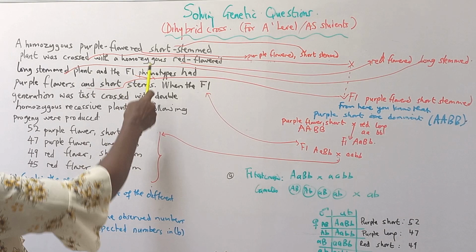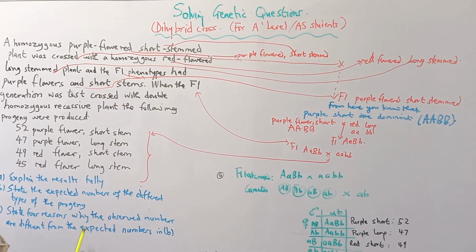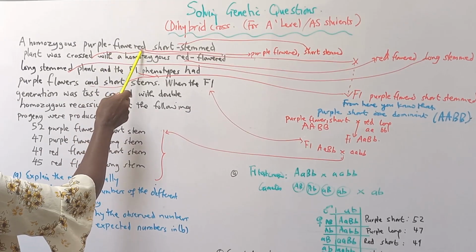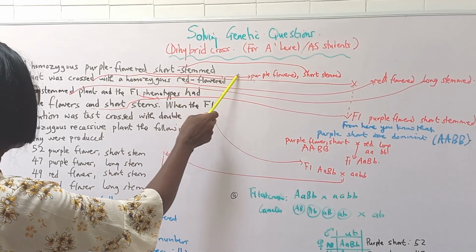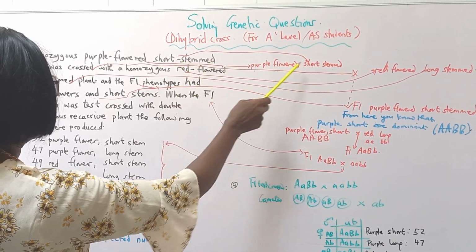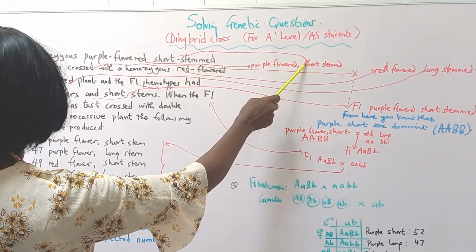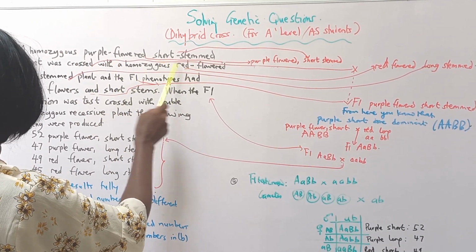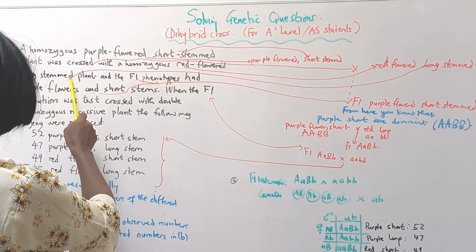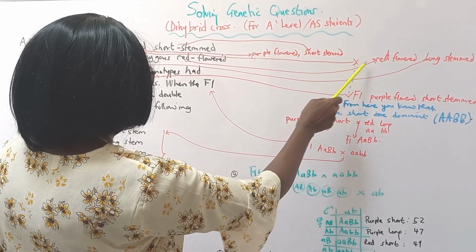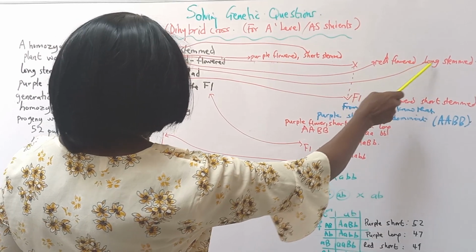Now, this question is going to be broken down so that we can easily explain. A homozygous purple flowered, it means we are dealing with a purple flower. You write it down. Short stemmed, you write your short stem around it, was crossed with a homozygous red flowered long stemmed. So this was crossed, that's the cross, with red flowered long stem.